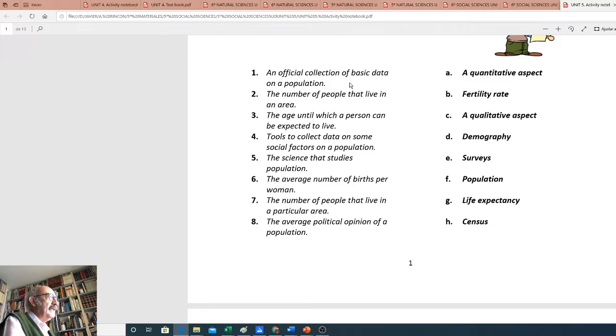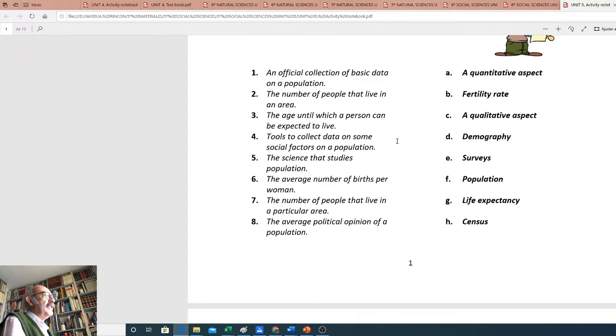The only body that can make an official collection is the government of a country. Okay, so 1 matches with census. So 1, 8. Good.